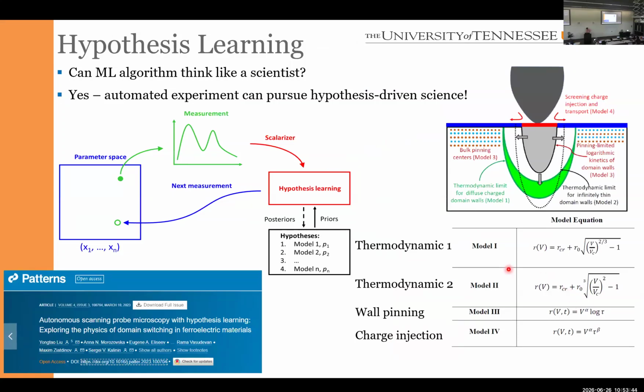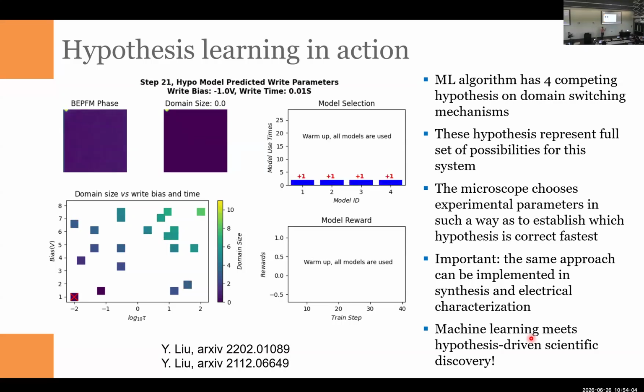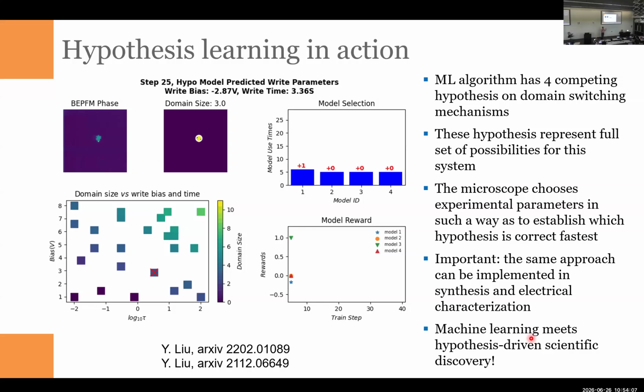This is the realization for ferroelectric domain growth, where the models are simply the possible laws for the domain growth. Then you choose one of the models to run the experiment, and you see, based on this experiment, how well the predictive power or predictive uncertainty of each model improved.